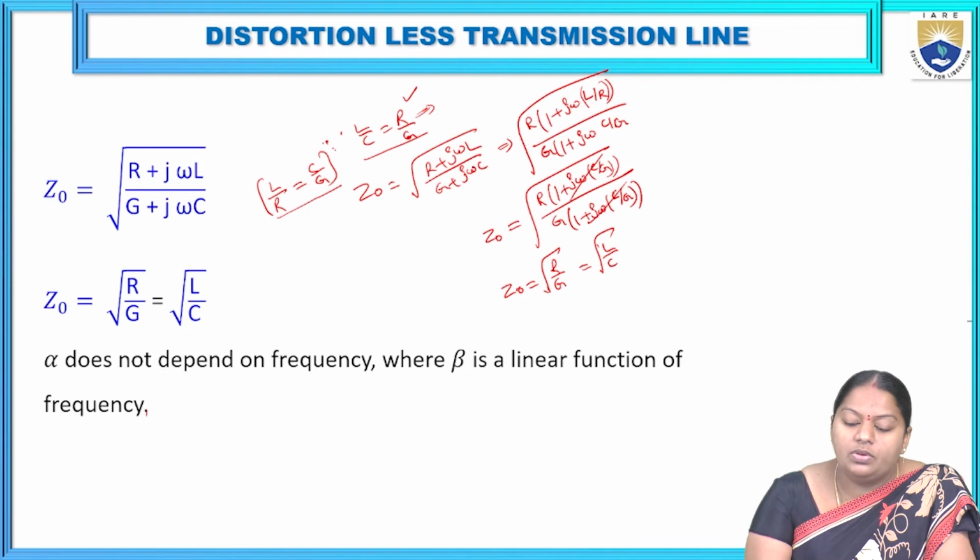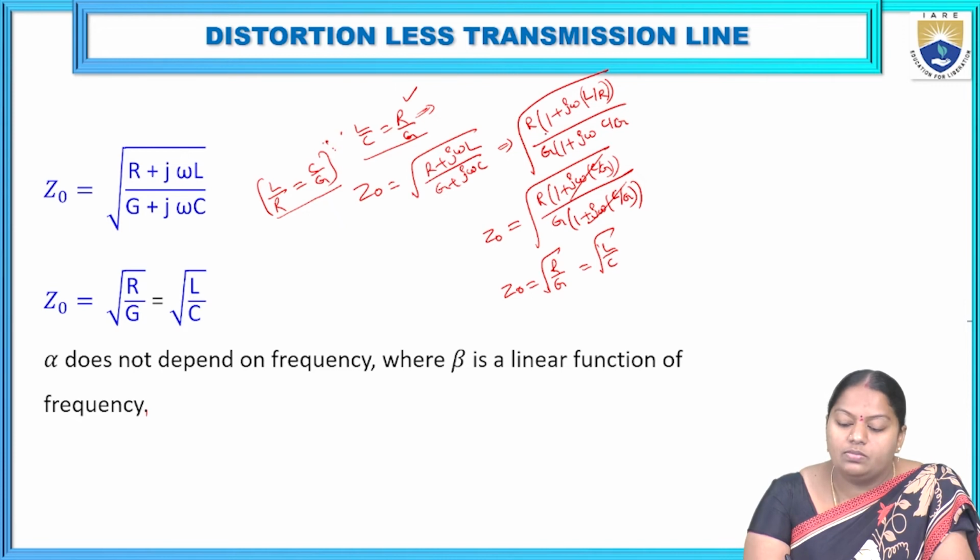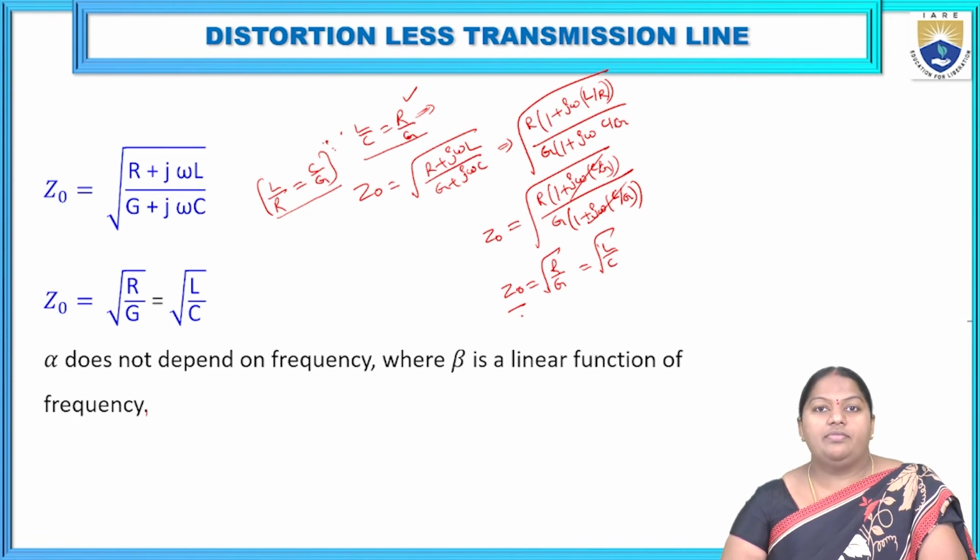Now according to the distortionless condition, if we substitute L by R as C by G, the numerator and denominator terms become the same and get cancelled, then Z0 equals root of R by G is left.